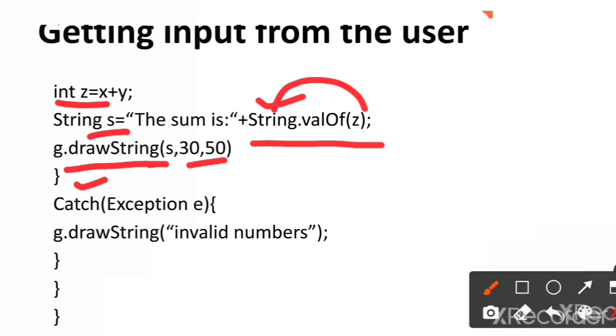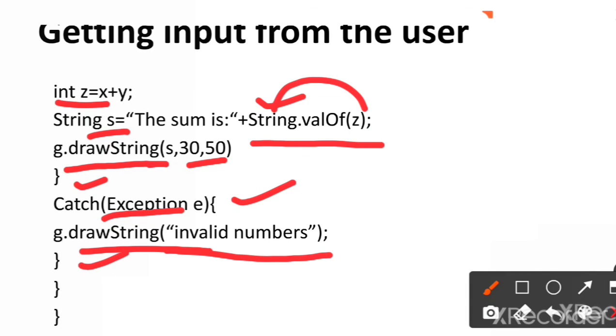Suppose the try block generates an exception as we have discussed earlier, that will be caught by the catch block. Here, Exception is a general class which catches all types of exceptions generated in the try block. And if that exception is caught, I'm just printing a statement that the numbers entered by the user are not valid, hence I'm printing "invalid numbers".